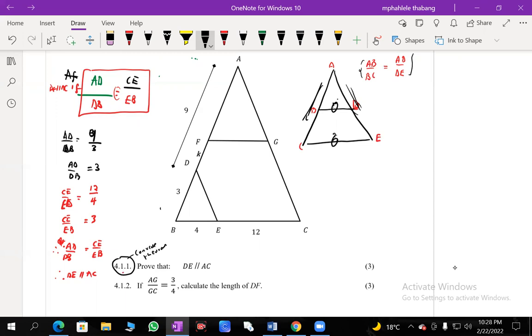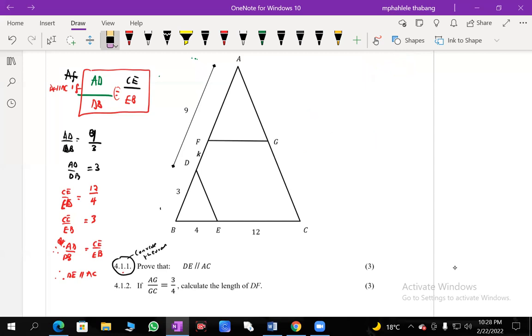If sides are in proportion, lines are parallel. It's making sense. The statement is in this diagram. Maybe we missed something there.